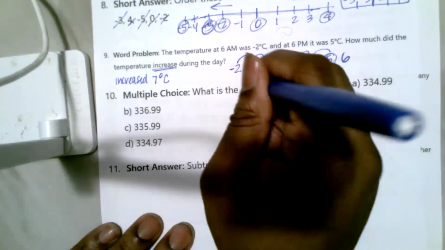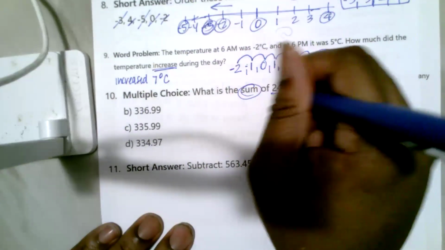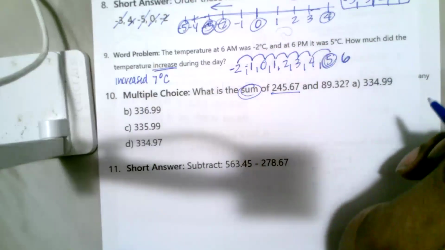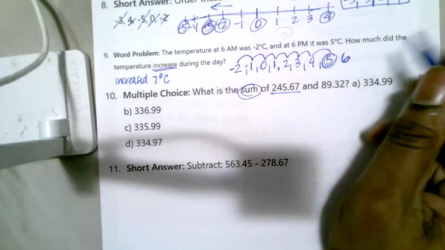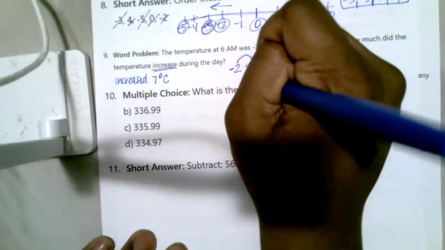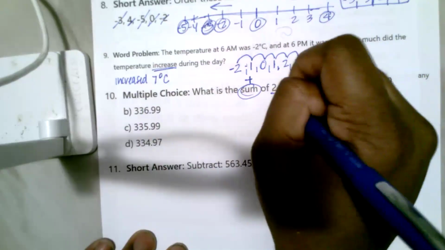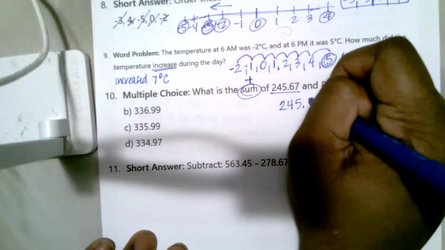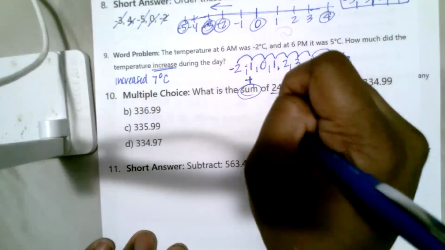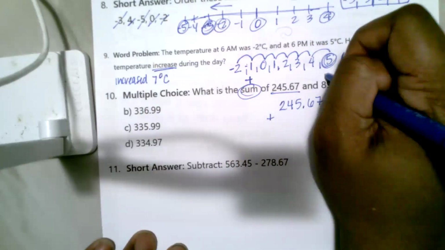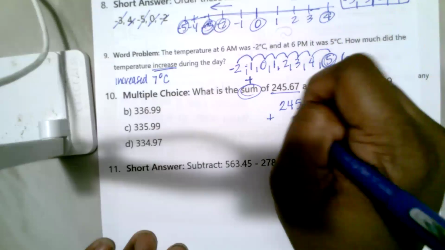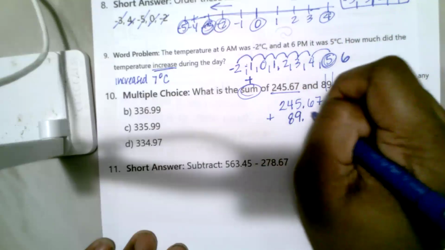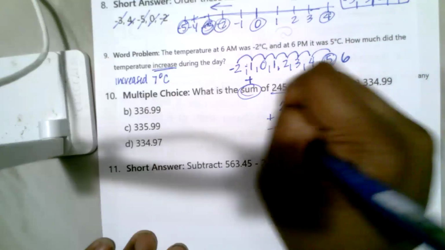What is the sum of 245 and 67 hundredths and 89 and 32 hundredths? Sum means to add. And the number you see first is the number that goes on top. So 245 and 67 hundredths plus, make sure we pay attention to place value. 89, the 8 is in the tens place, the 9 is in the ones place, decimal point, 32 hundredths.